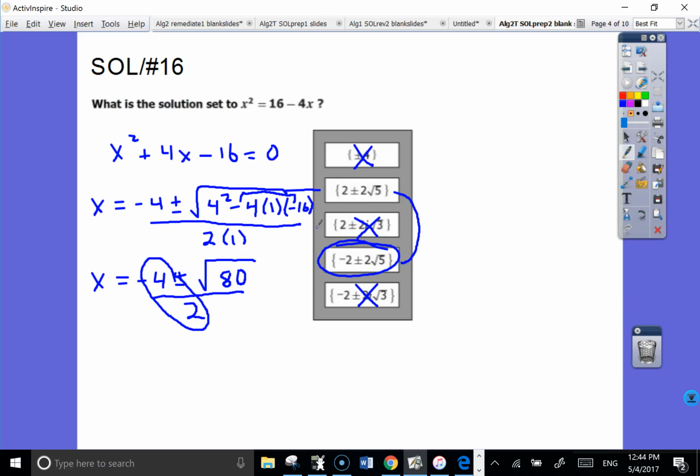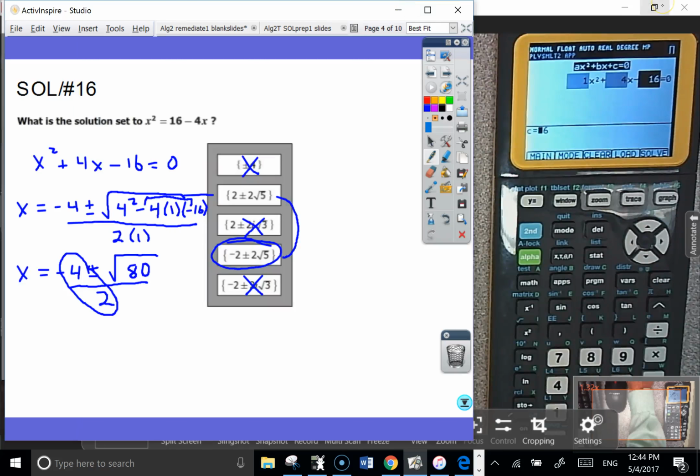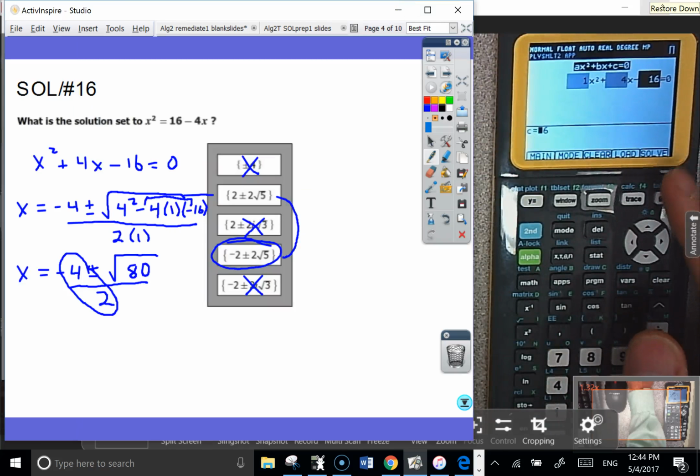Let's fill this in: 1, plus 4, and I'm going to make that minus 16. And once you got them in there, in order to access the solve, that's right there, you hit graph.